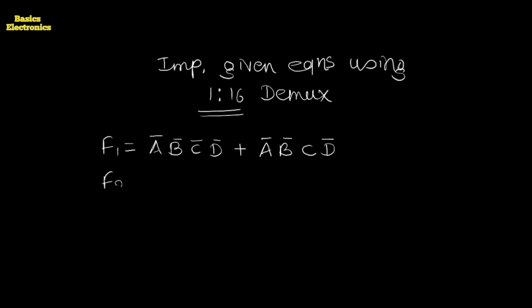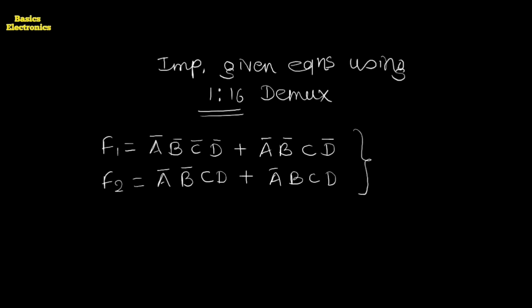The second equation is F2 equals A bar, B bar, C and D plus A bar, B, C, D. These two are the equations which we have to implement by using one line to 16 line demultiplexer.